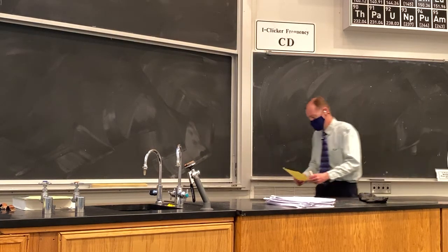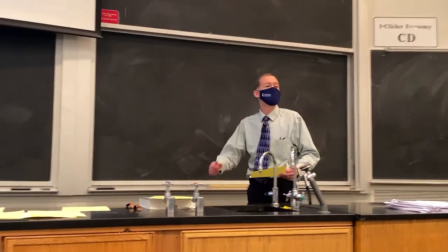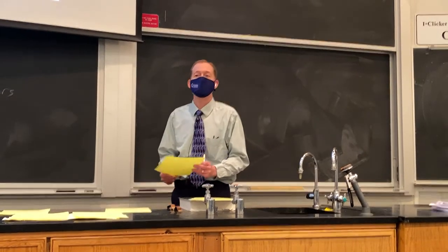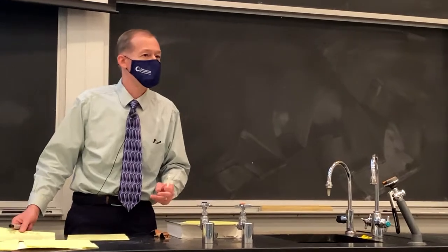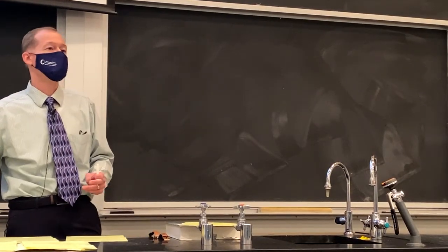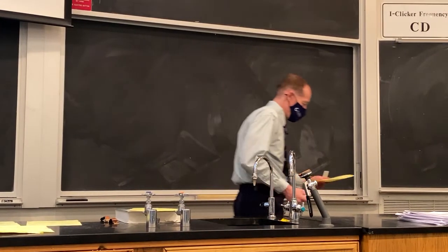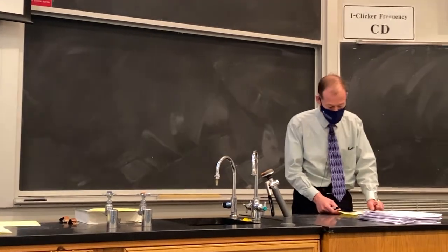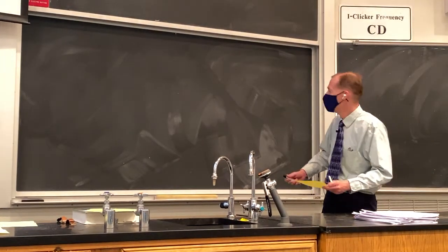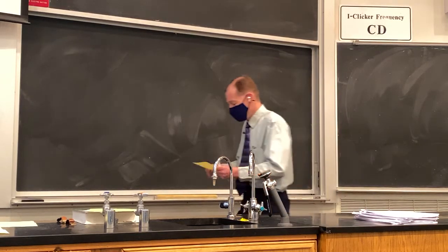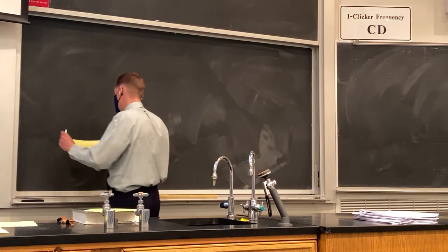So what is the ketose that we needed to learn the structure of? Which ketose did we need to learn? Yes, fructose, exactly. So we're going to show you how to draw fructose in the cyclic hemiacetal form.